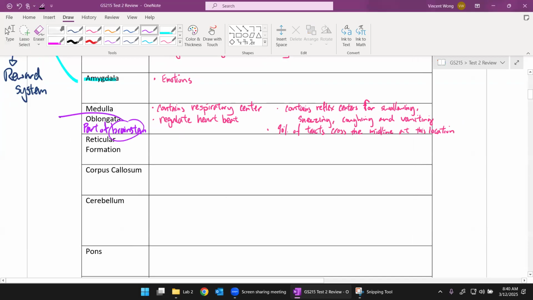Talking about the brainstem, what are the two other parts of the brainstem? Anybody remember? That's right, there's the pons. Below the pons, you have the midbrain, and then you have the medulla oblongata.